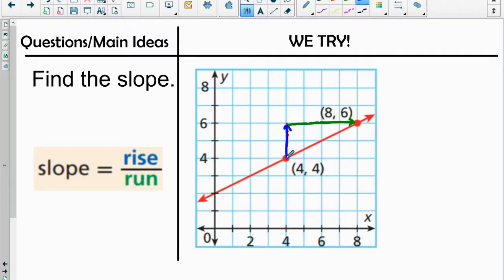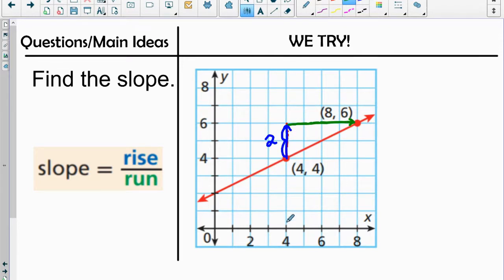Now the rise, if I start at my lower point, it looks like it's at a height of 4. When I go up, it now has a new height of 6. So it went up 1, 2 spaces. For the run, now we're looking at our horizontal distance or even our x values.